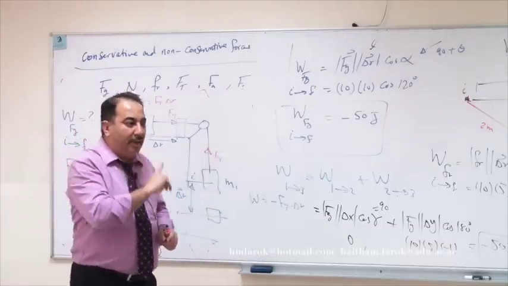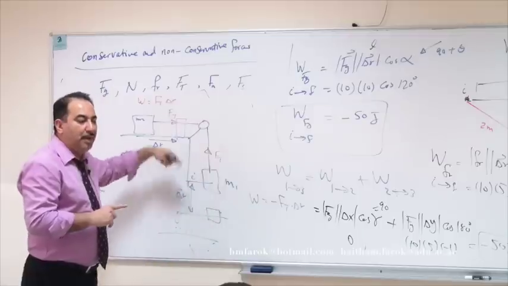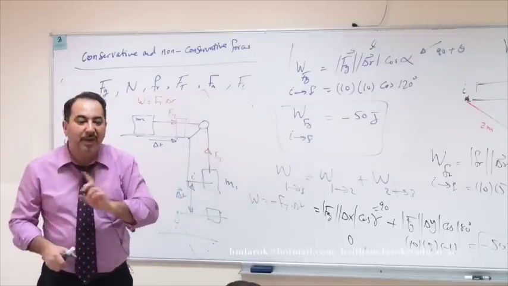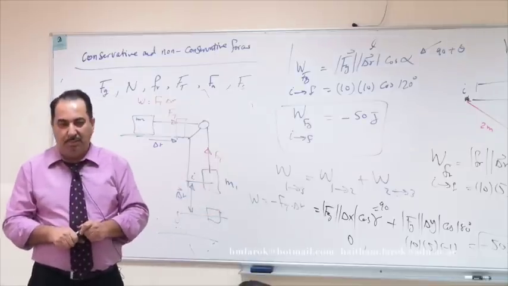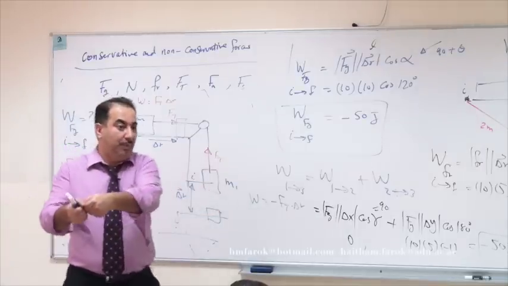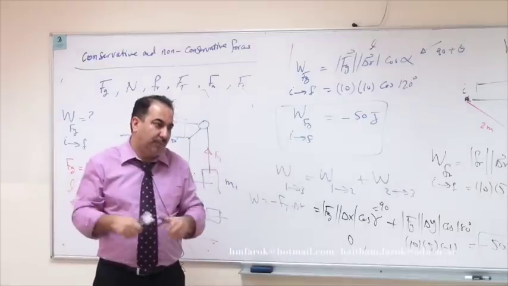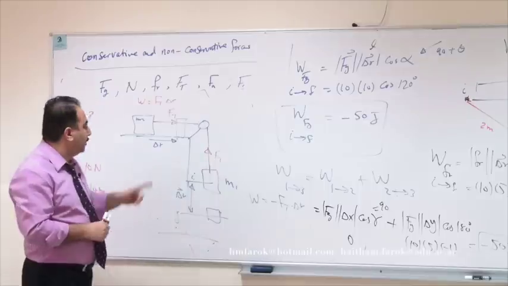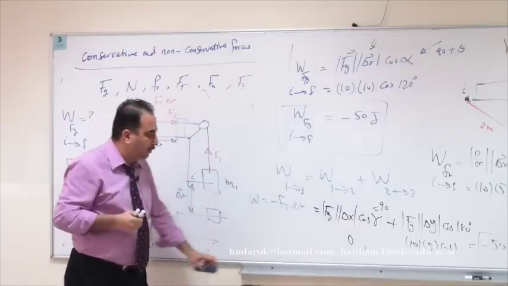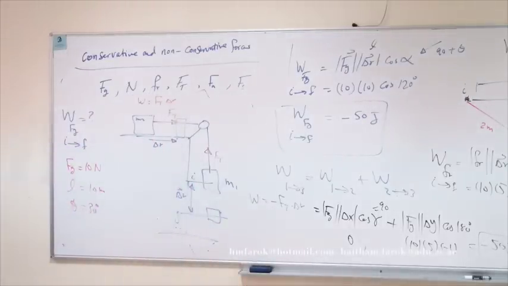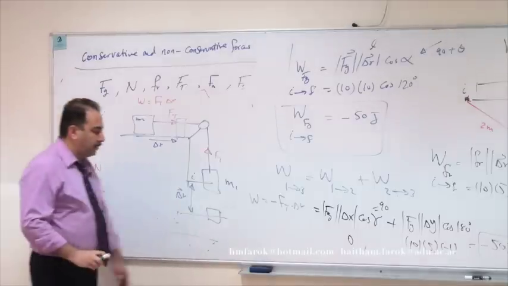So if you have a cable connecting two masses, don't calculate the work done by tension because they cancel each other. Okay? But if you have one cable, you're pulling, that's an applied force. You have work. So this is the story of conservative and non-conservative. Now we move to another part.